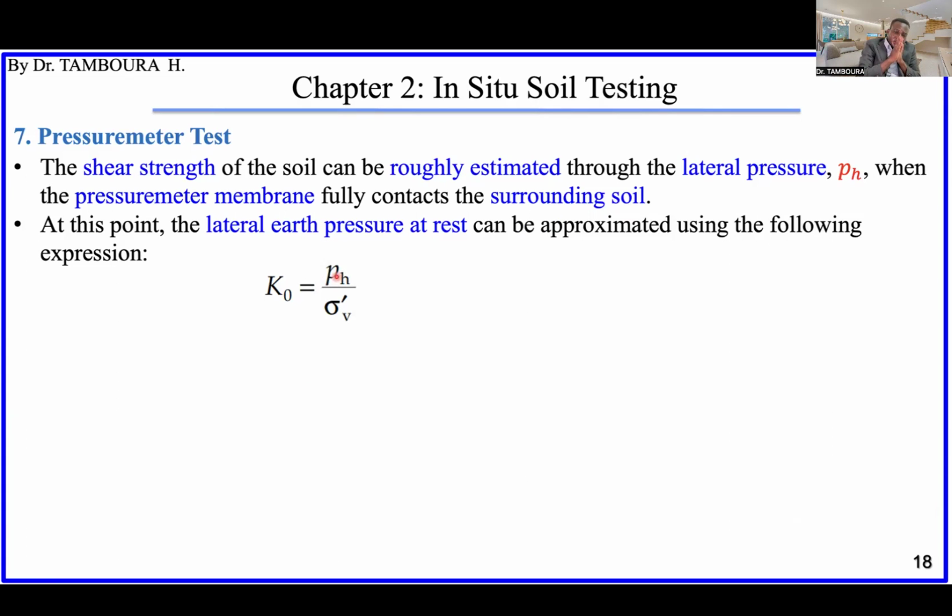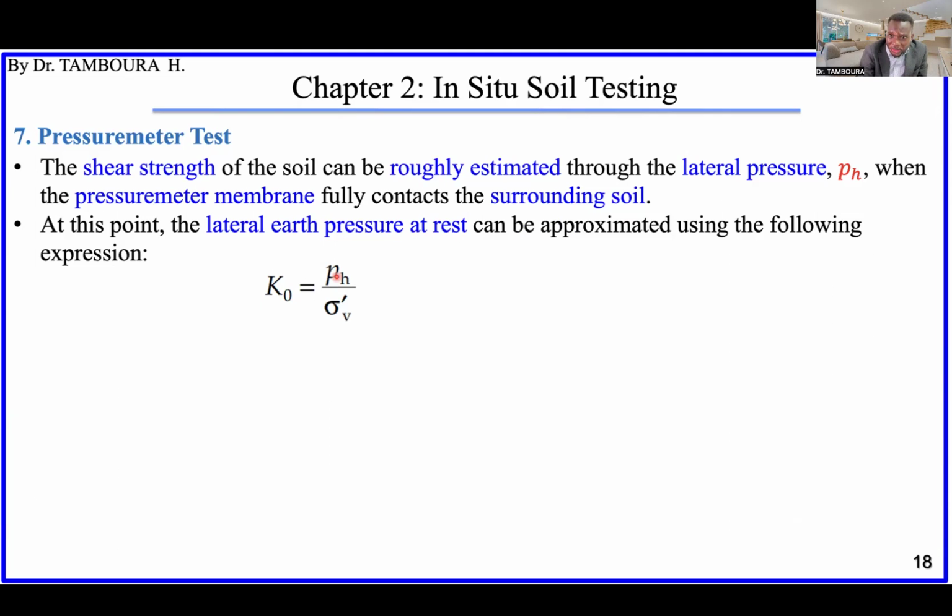when the soil returns to its initial position, the pressure you have at that time is equivalent to the lateral pressure of the initial condition the soil was in, in the ground in situ.